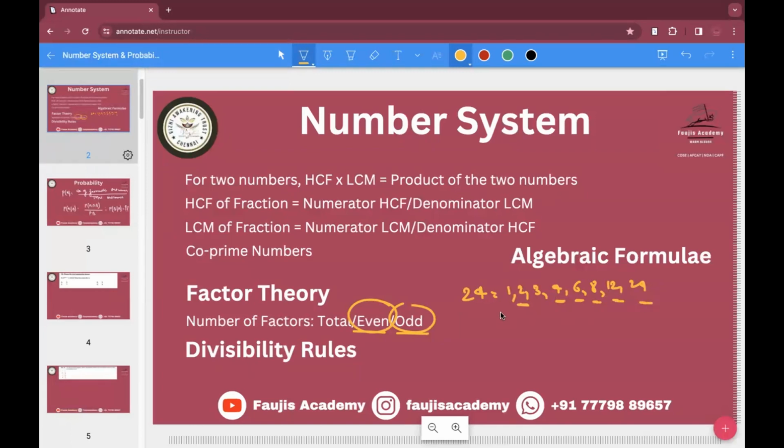These are all even, guys. How many even factors are there? 6. How many odd factors are there? 2. How will you find it?